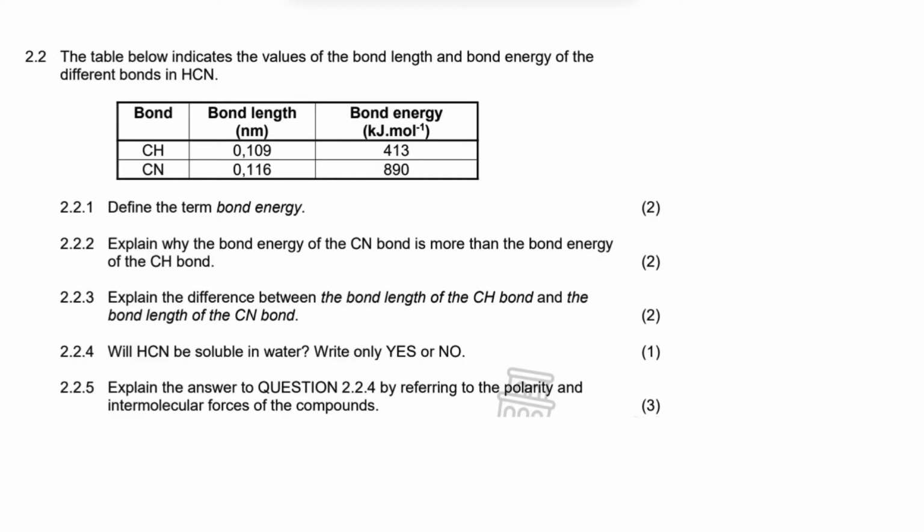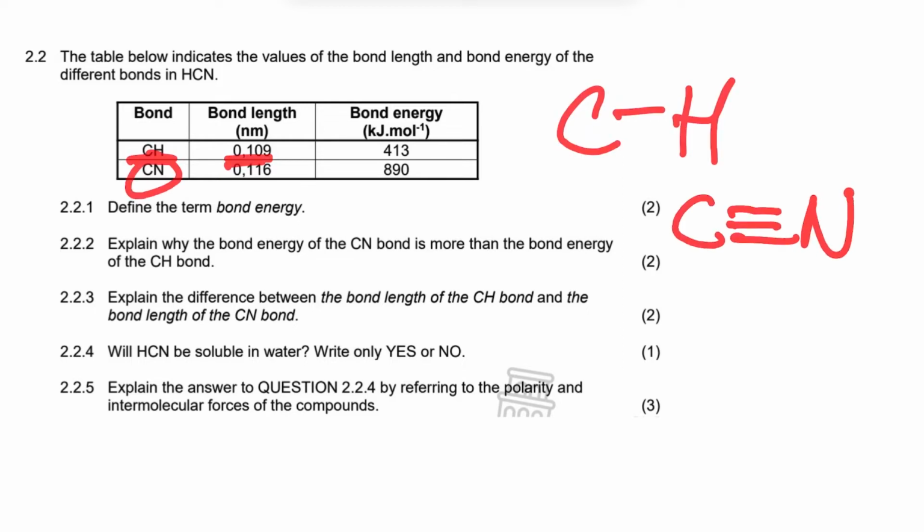If you're given a table, it says the table indicates the value of the bond length and the bond energy difference in hydrogen cyanide. And then we're given the bond between C and H. This is the bond, it's just C and H. And then the CN, you know it's going to be C and the triple bond.